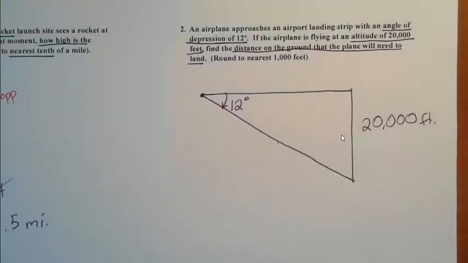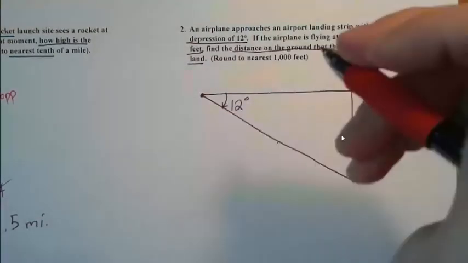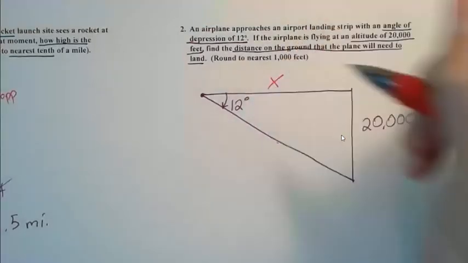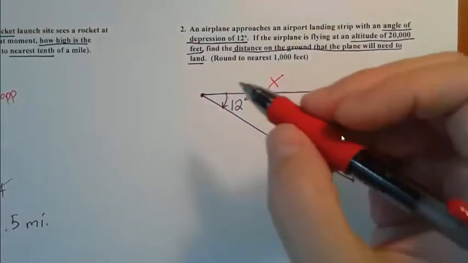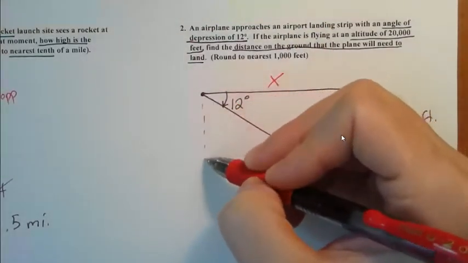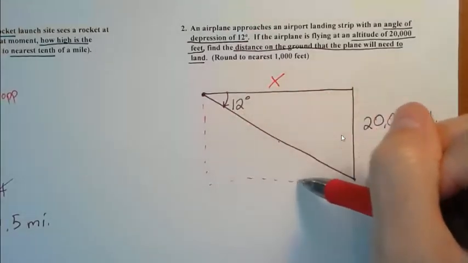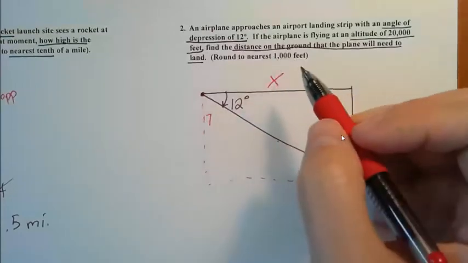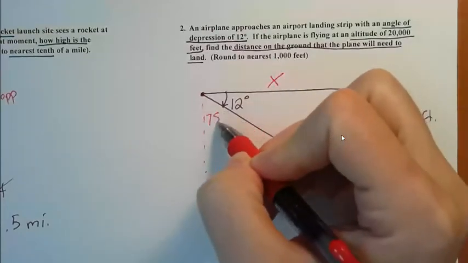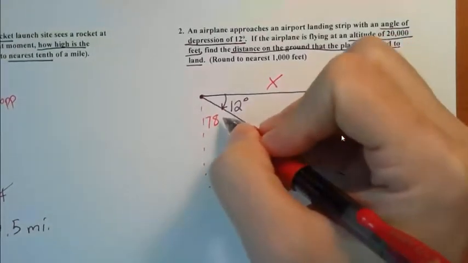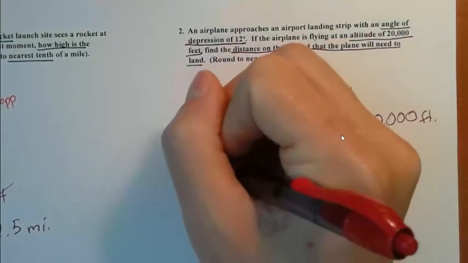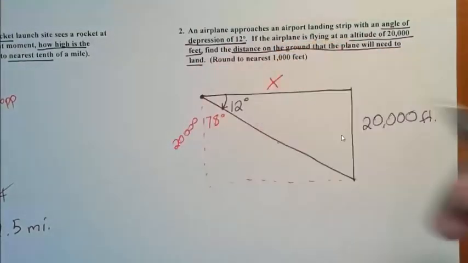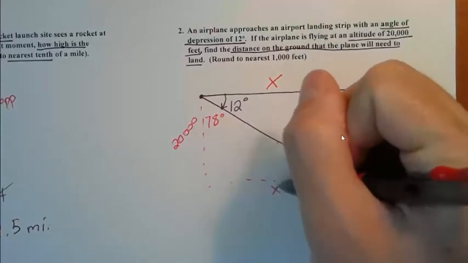There are two ways you could do it. You could look for this x value up here, or you can make kind of a rectangle out of what we have so far. Then this angle would be 78 degrees, and this side is also 20,000, and then you'd be finding this x.